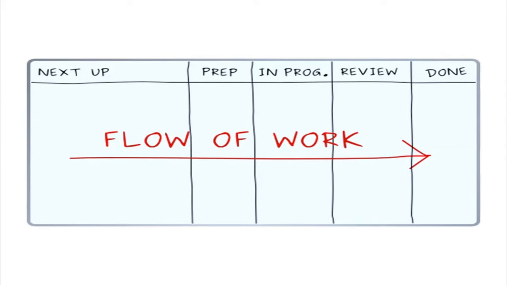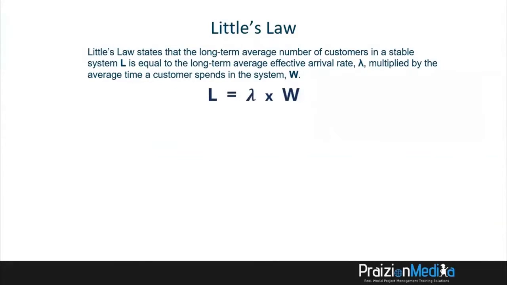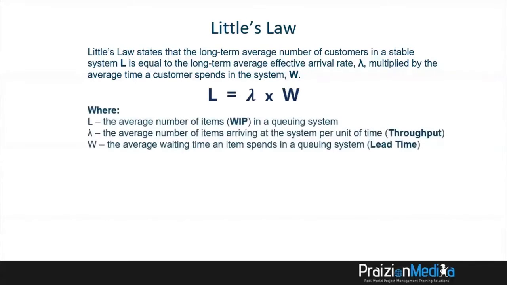This is founded predominantly on a law known as Little's Law. Little's Law states that the long-term average number of customers in a stable system, L, is equal to the long-term average effective arrival rate, lambda, multiplied by the average time a customer spends in the system, W. L, the average number of items, is WIP.